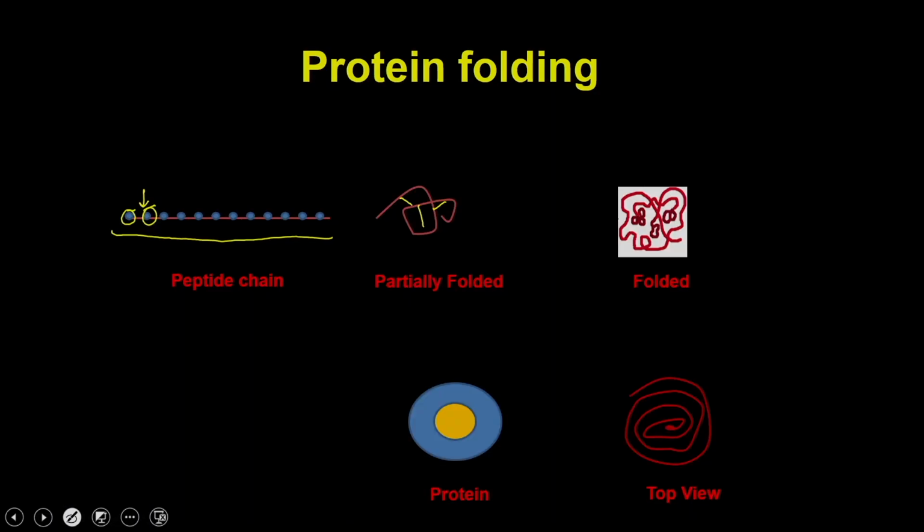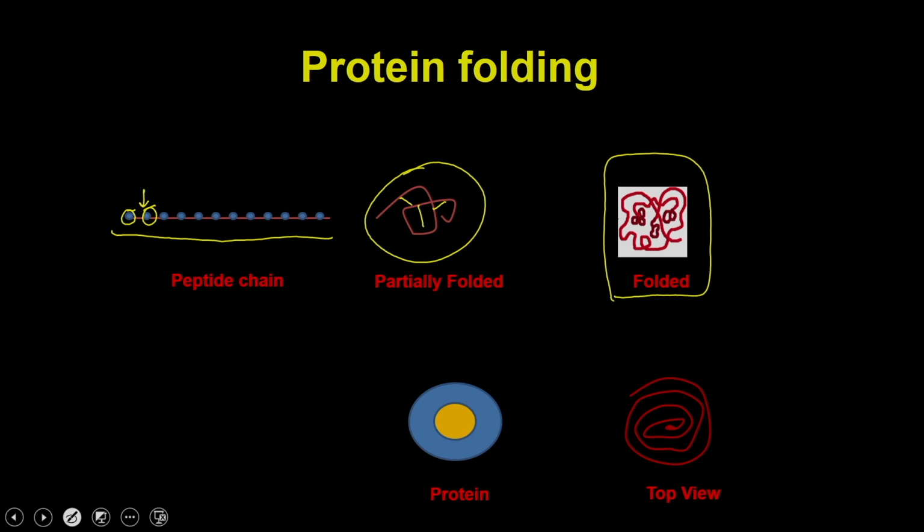All these interactions initially govern the folding of these proteins, and ultimately the protein is properly folded to acquire a three dimensional conformation.